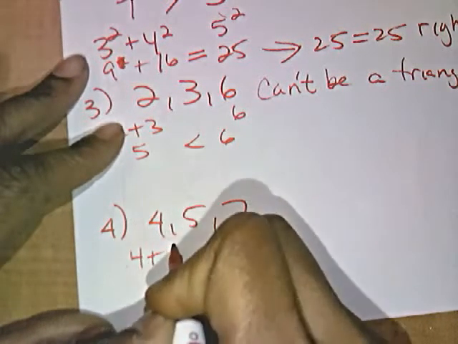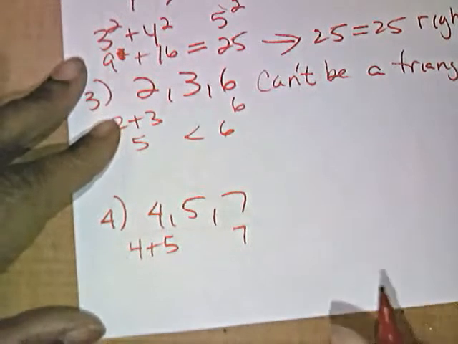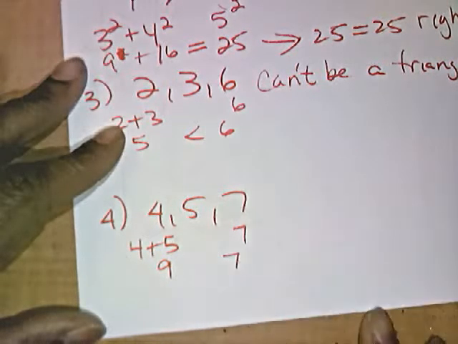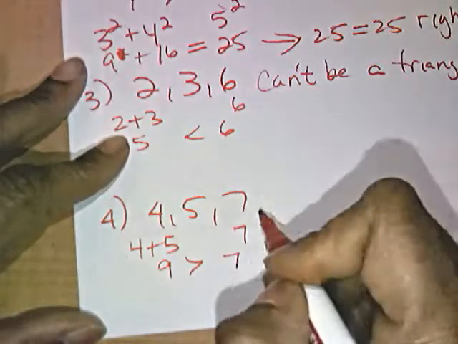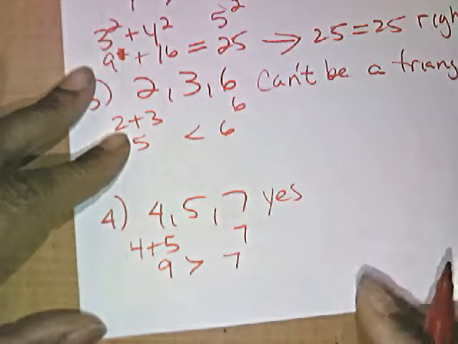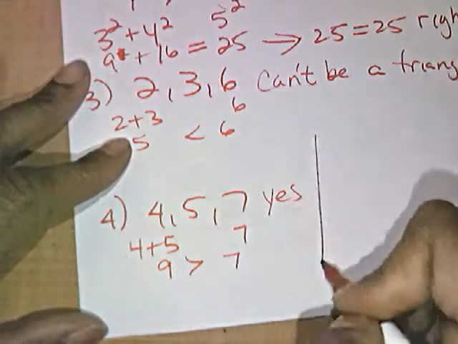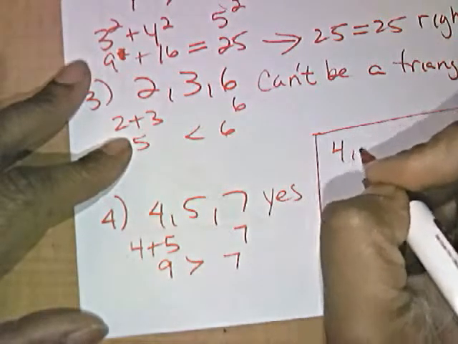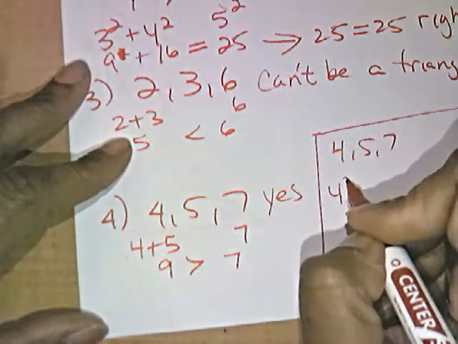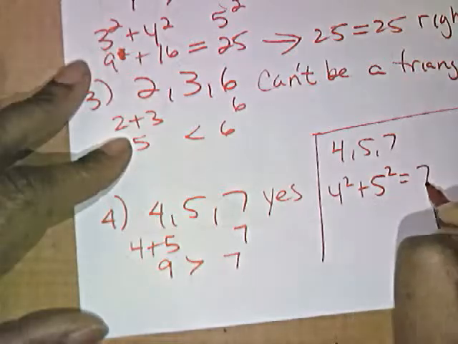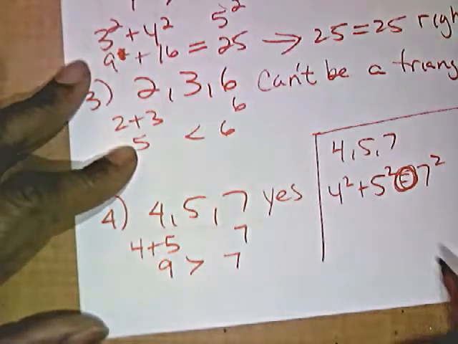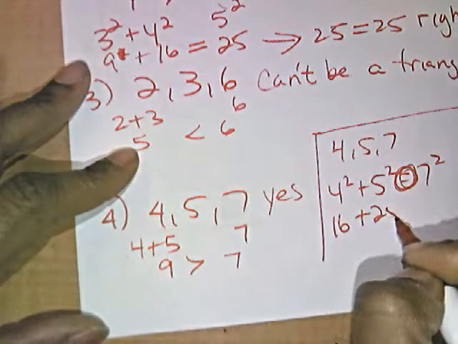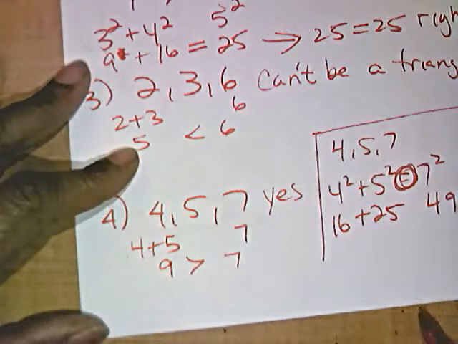Okay, and then the last one here, 4 plus 5 is something to 7. 9 is greater than 7. So yes, I can get a triangle out of that. Let me rewrite that over here. So it's 4, 5, and 7. 4 squared plus 5 squared equals, or some value to 7 squared, excuse me. 16 plus 25 is something to 49.